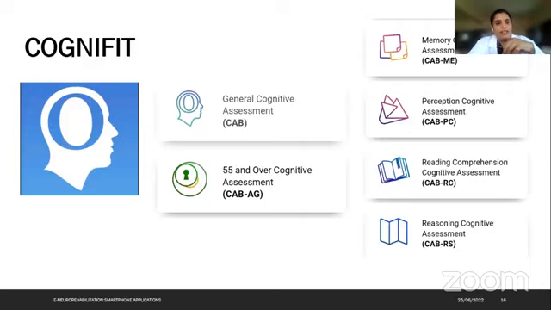Now one more thing, this assessment is not diagnostic. It does not tell that the patient has a certain disease, but it will definitely tell whether the patient has any cognitive decline or not. It will track the progress of the patient and in which aspect of cognition the patient has improved.